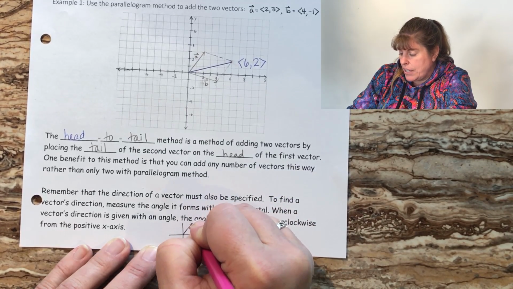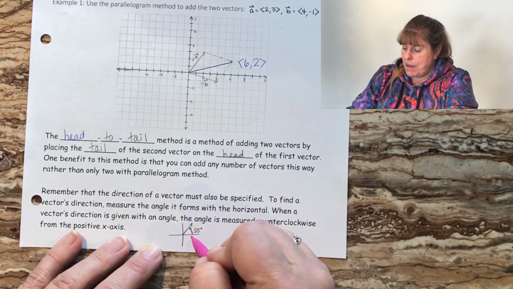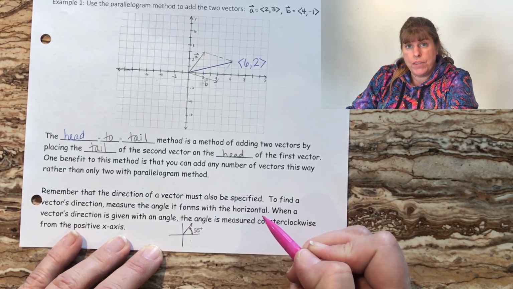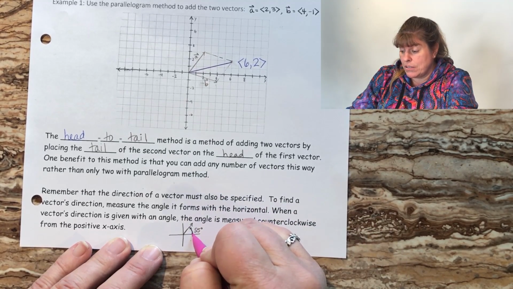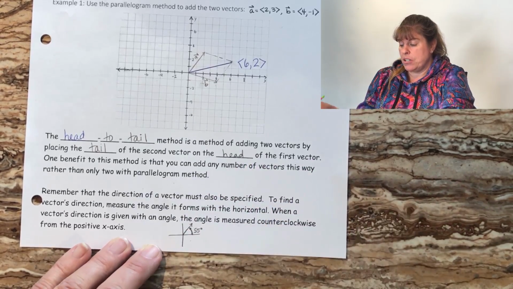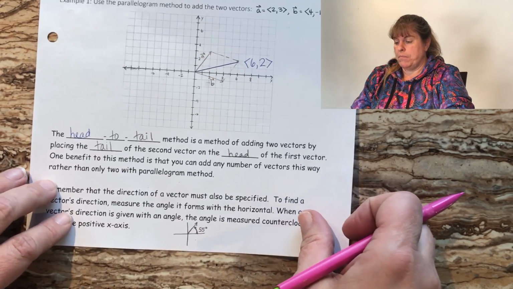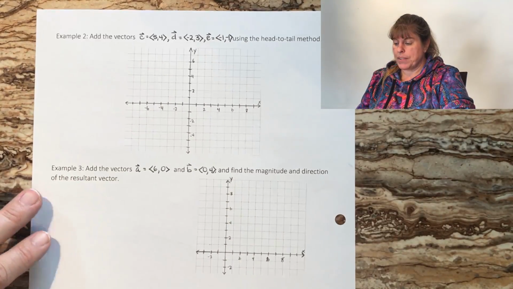So let's just call it that, 55 degrees. And that would be talking about that measurement of the angle from the horizontal x-axis up to the vector itself. Okay, so just make sure that you know a little bit more about that later, but know it from this part here, the introduction.